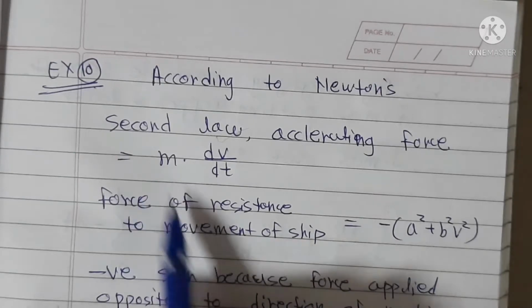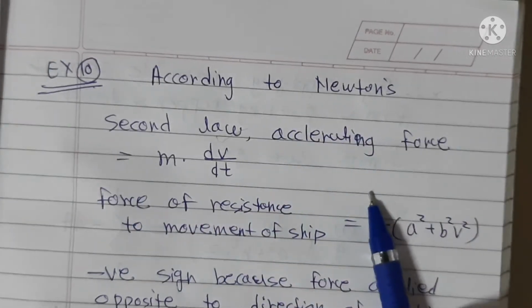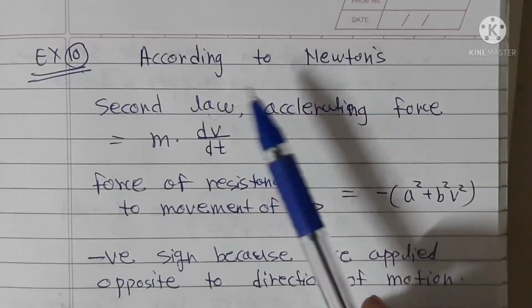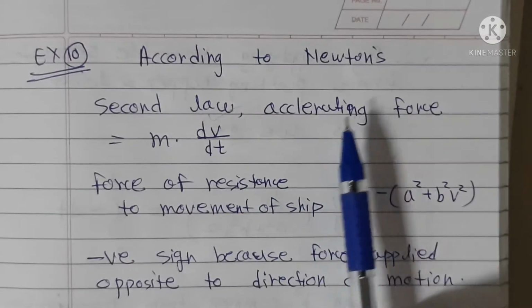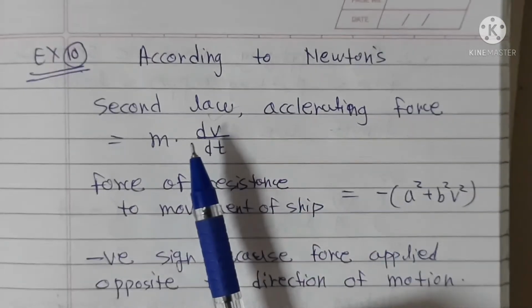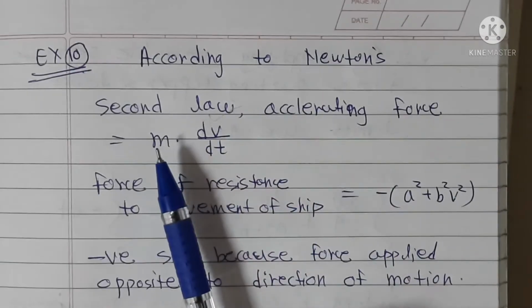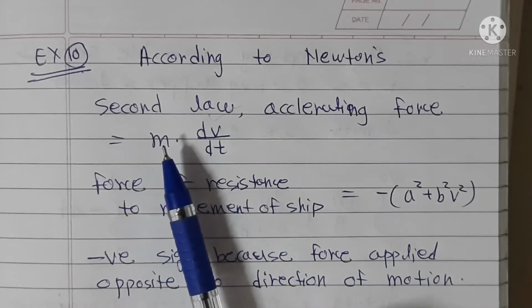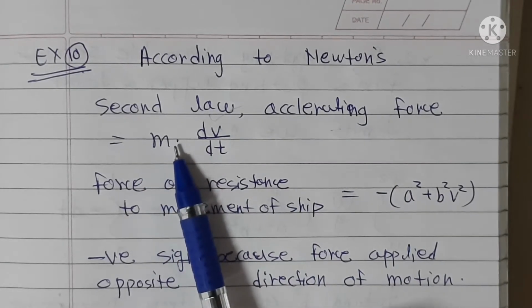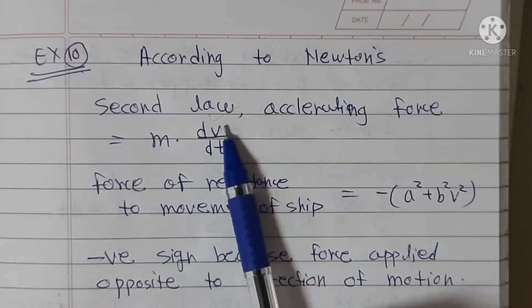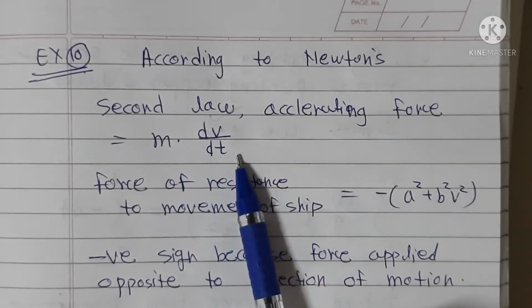According to Newton's second law of motion, the accelerating force, the force by which the ship is driven on the water, is m, the mass of the ship, into dv by dt, the rate of change of velocity with respect to time.